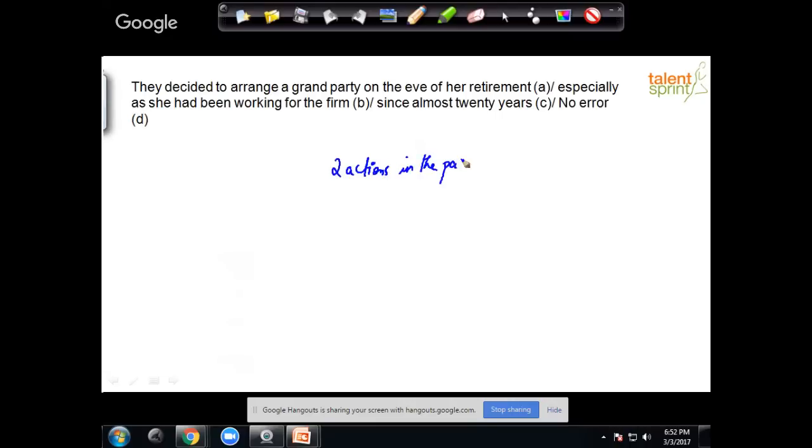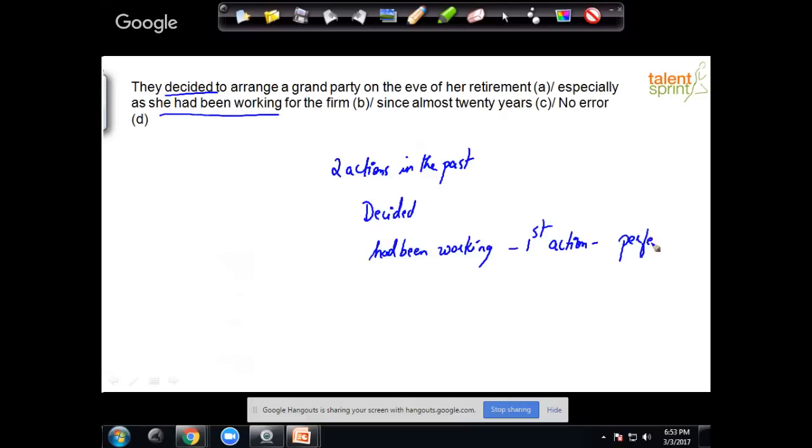This is an error pertaining to tense, but like you are saying, right? One is them deciding. The other one is that she had been working. Now, whenever you have 2 actions in the past, the first action is always in the perfect continuous. Here it is perfect.